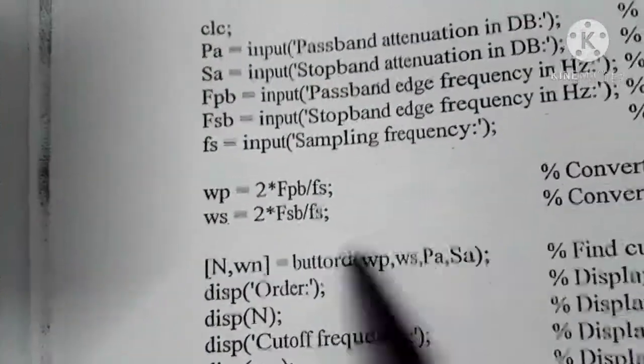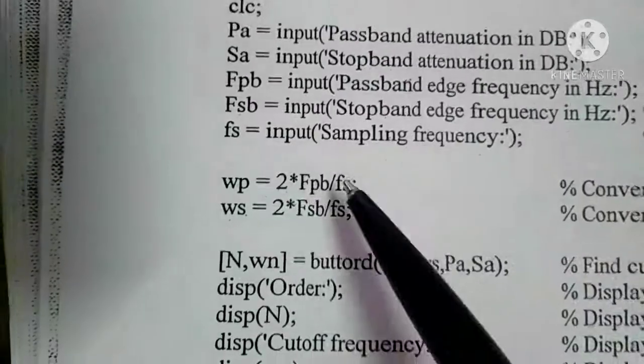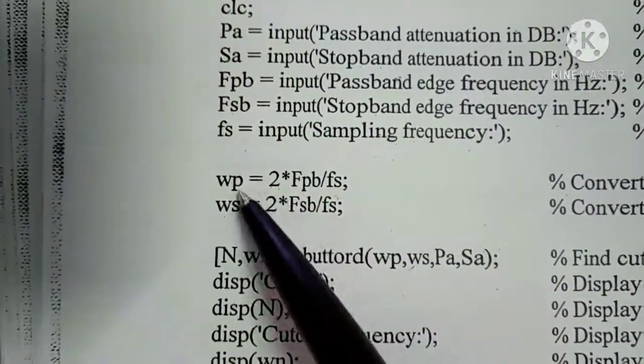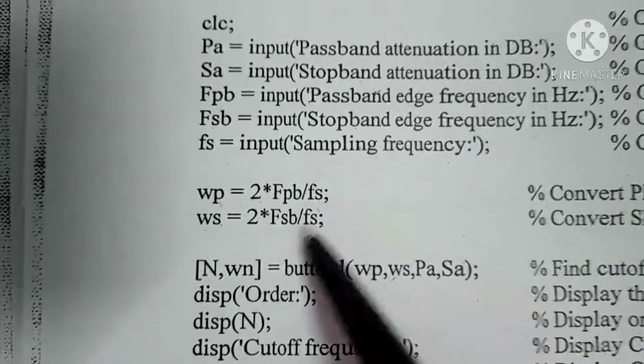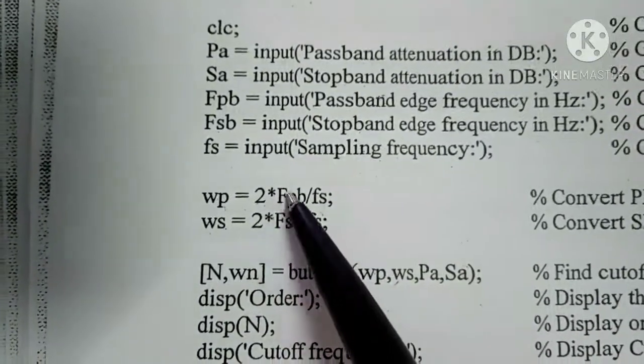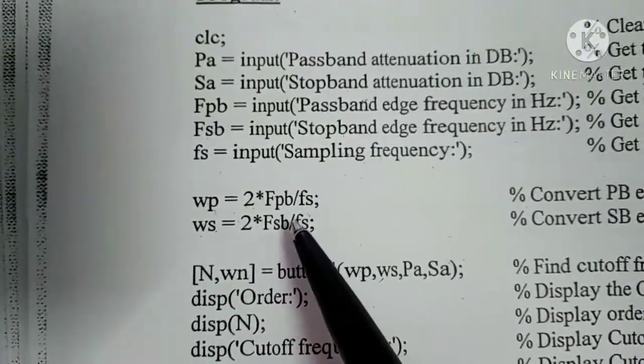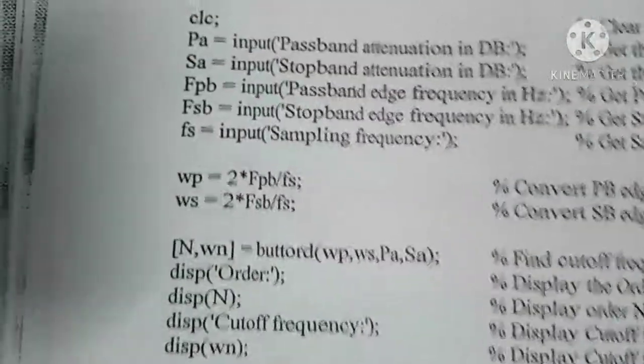Omega p is 2 fpb by fs, omega s is 2 fsb by fs. Fpb indicates pass band frequency, fsb indicates stop band edge frequency.